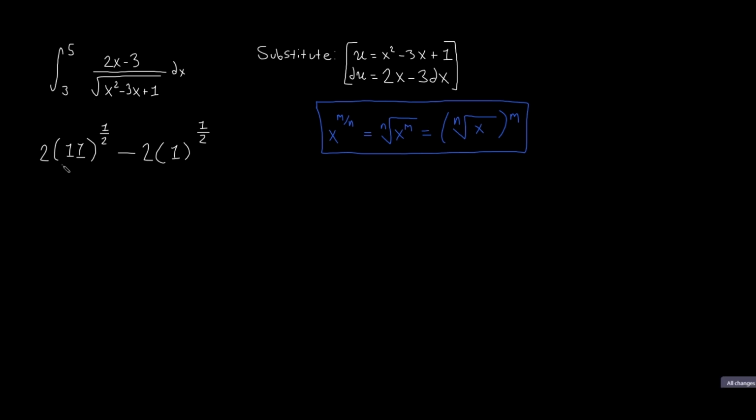So we have 2 times 11 raised to the 1/2 power. We're going to evaluate the exponent first. So that 2 is just going to come down. We're going to leave that alone. The 11 raised to the 1/2 power, the base is 11, so that's what's going to go underneath the radical. The denominator of the fractional power is 2, so we are going to put a 2 in the index.